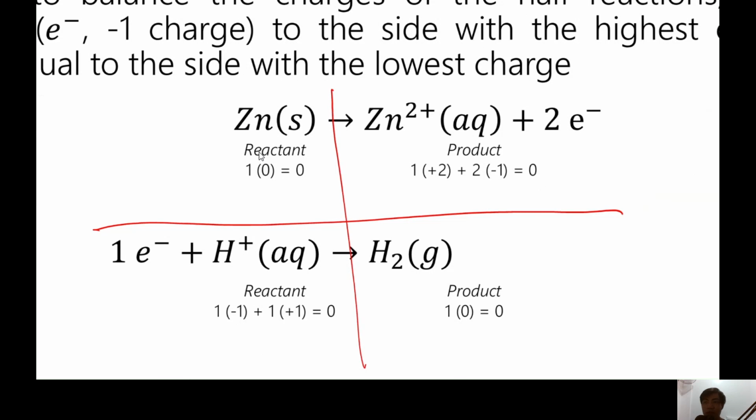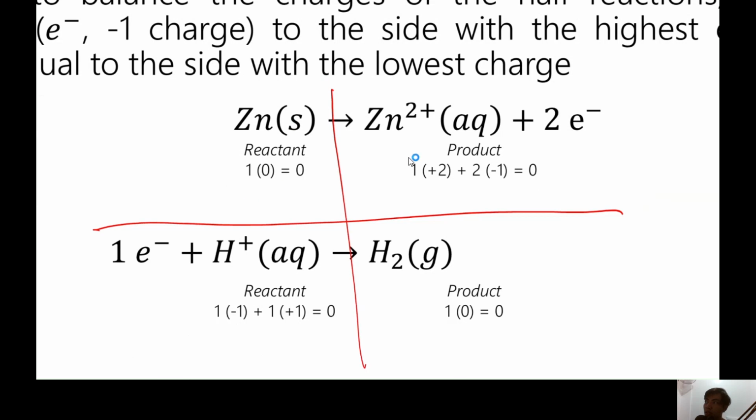On the left side, we have 0 charge here. On the right side, we have positive 2 charge. So, where do we put the electrons? You always add electrons on the side with the highest charge. How many? Just enough to make the charges equal, to bring down the charge. So, that's what we will do.